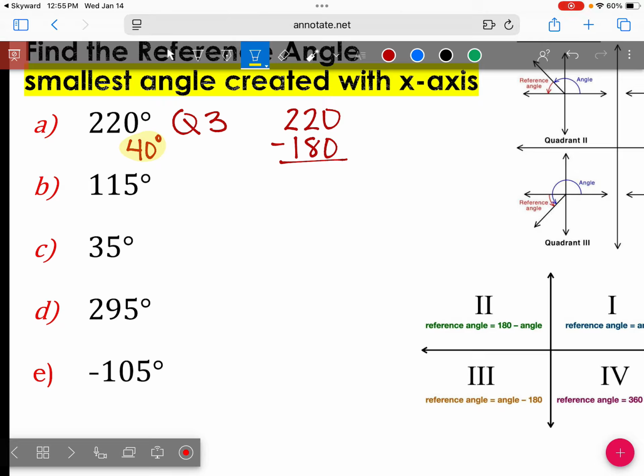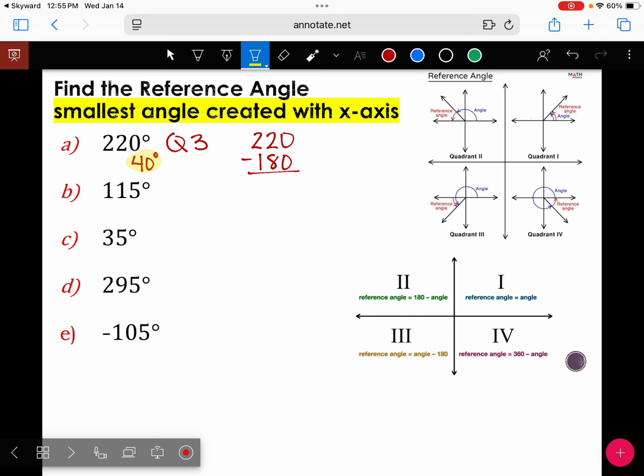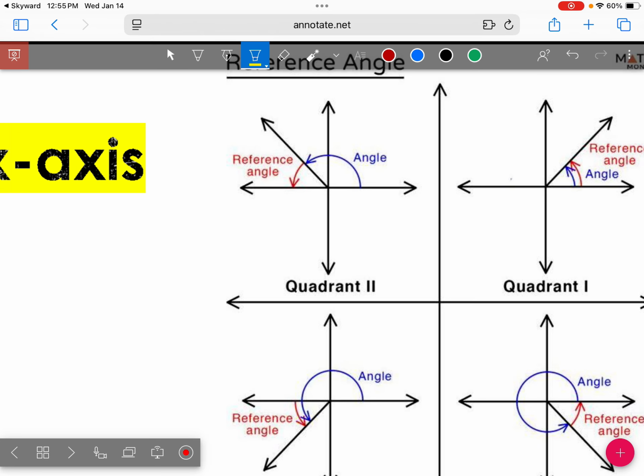Show me with your fingers. What quadrant is 115 degrees? All right, good. So looking at quadrant 2, see, this is a visual of what it looks like. This will be my angle, but the reference angle is just this little bitty piece.